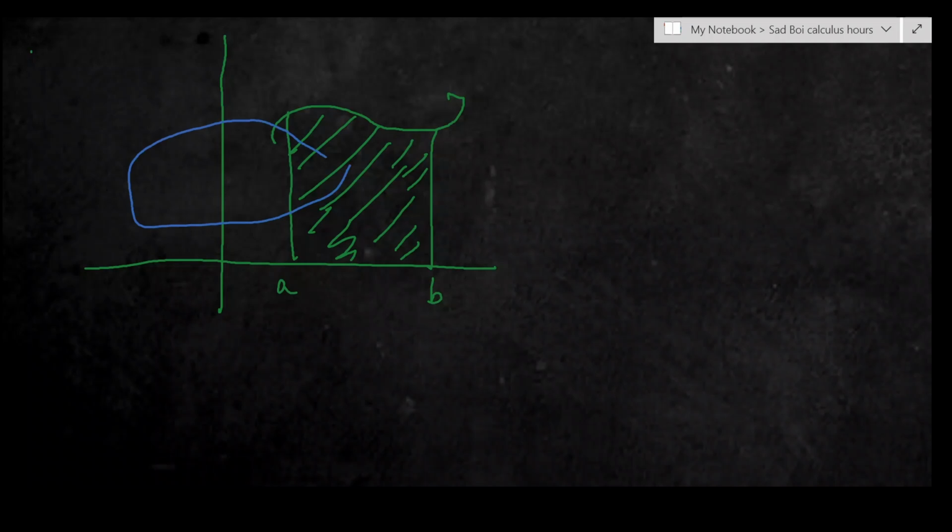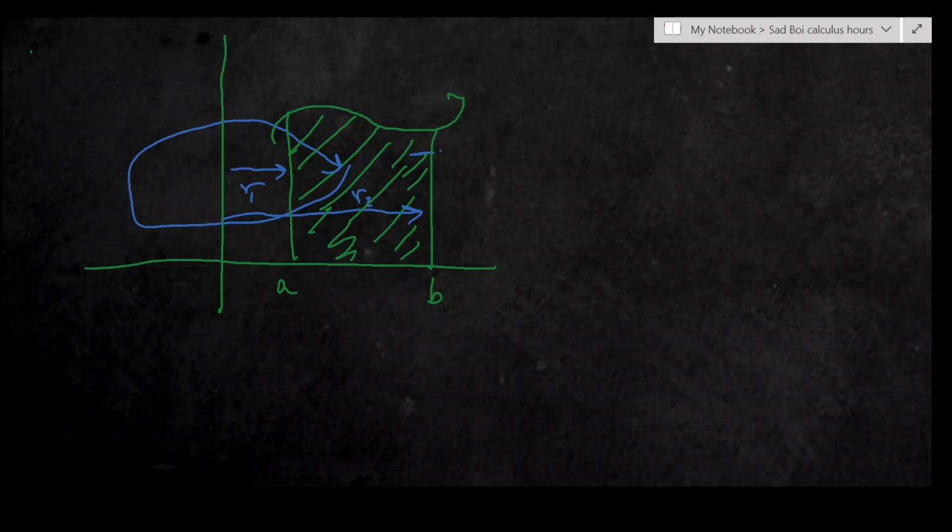Now there is a possibility that in a question you are asked to revolve this area around the y-axis. How are we going to do that? Well, we cannot define a particular r over here because there are two different r's, right? There are two different r's.